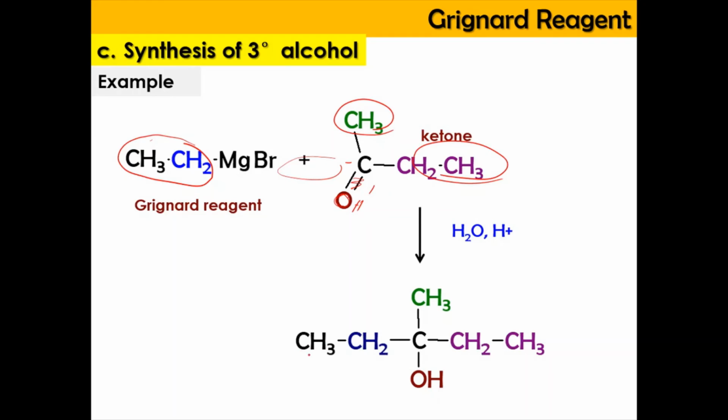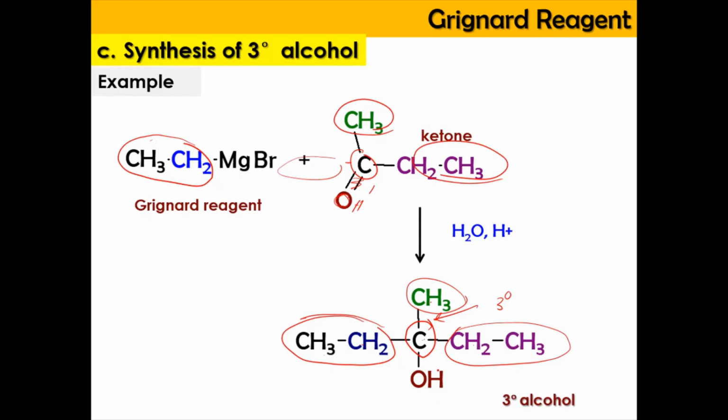Once you do that, you will get CH3CH2, then C in the middle with CH3, and CH2CH3 at the end here. So this carbon is a tertiary alcohol, because the carbon is attached to 3 alkyl groups. And this is going to produce a side product of MgOHBr.